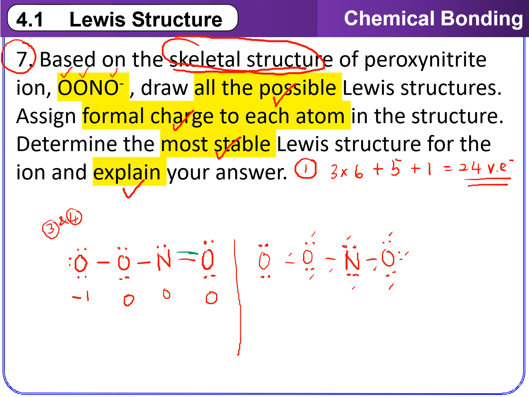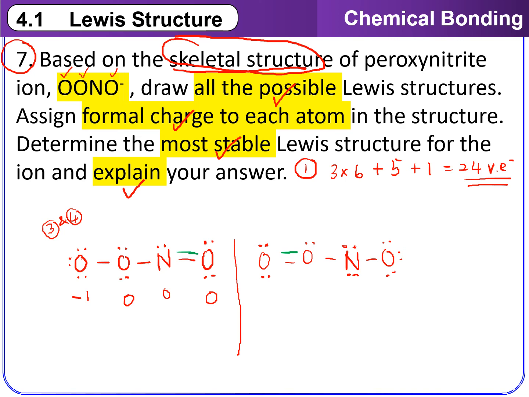So again, you will notice that the oxygen at the most left side in this case has not achieved octet yet. So if it hasn't achieved octet yet, again, we are going to move 1 pair of electrons next to it, and then form 1 double bond. So in this case, all the atoms have already achieved octet. So again, we are going to calculate the formal charge.